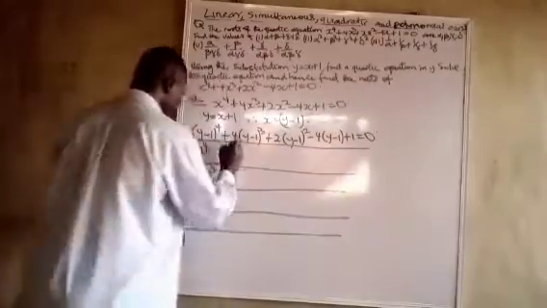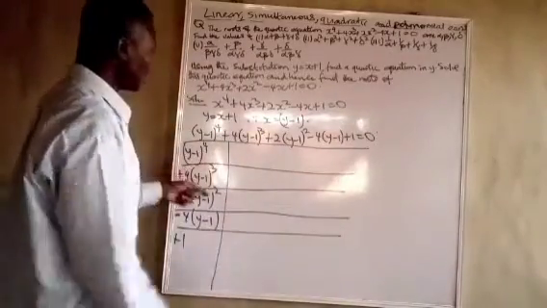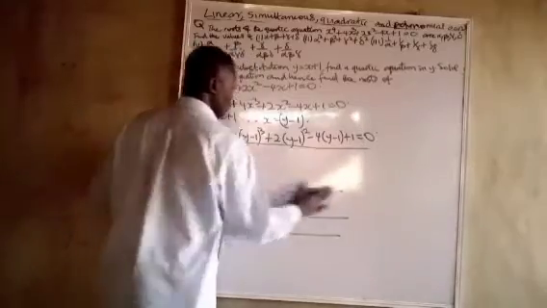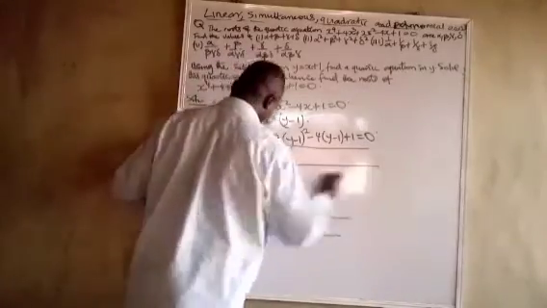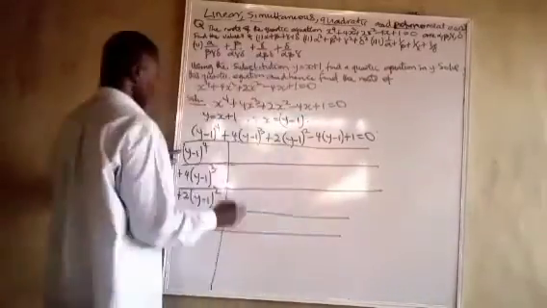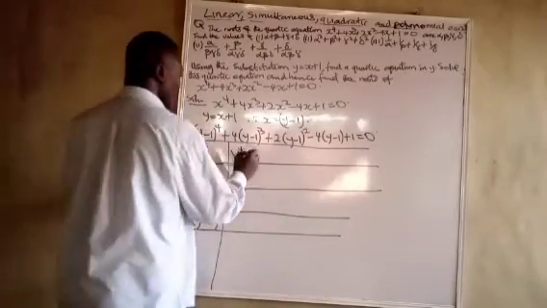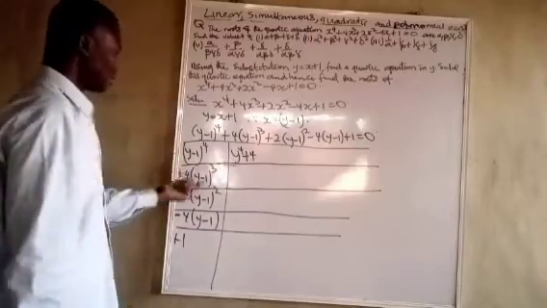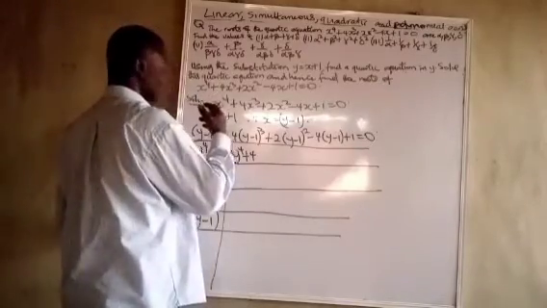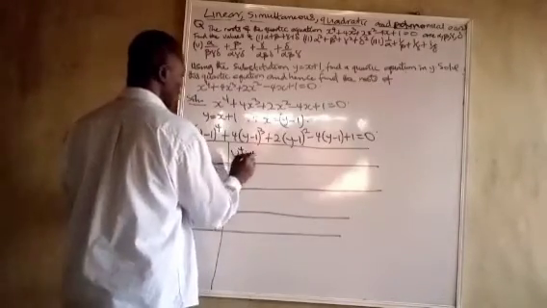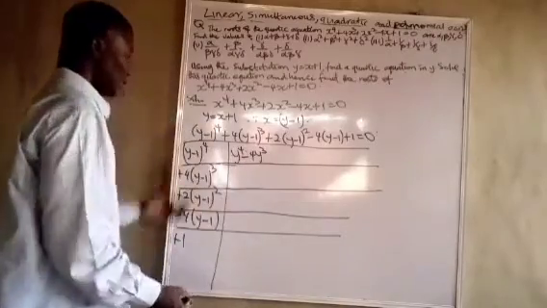Now, this one, you know, from our binomial expansion, is going to be y raised to the power 4, and the next one is plus 4 y cubed times minus 1. So that will be minus 4 y cubed. Yes. Minus 4 y cubed.